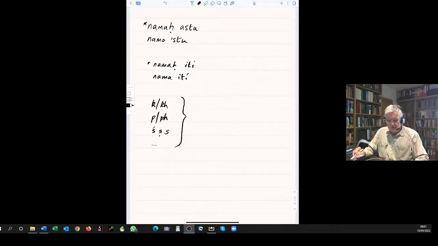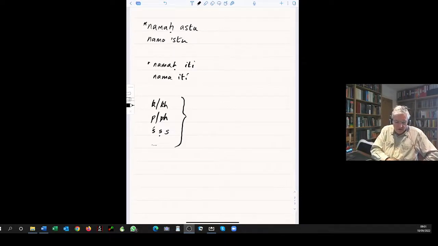Some examples are given on the next page that I'll go through when we get to the next page. So before k, kh, p, ph, and the sibilants, at the end of a line, or in isolation, or at the end of a sentence, as the text writes, end of line. Also for end of line, read or in isolation or end of sentence.